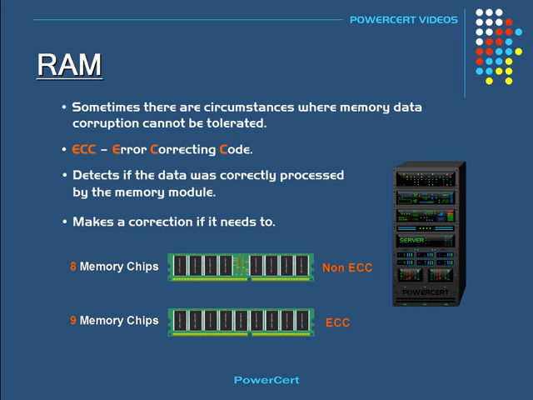Now most RAM modules today are non-ECC, and this is because of the advance in technology that has minimized memory errors and has made non-ECC RAM more stable. But as stated before, ECC memory is mostly used in servers because servers need to be up and running at all times, and using ECC memory is just an extra precaution to guard against any memory errors.